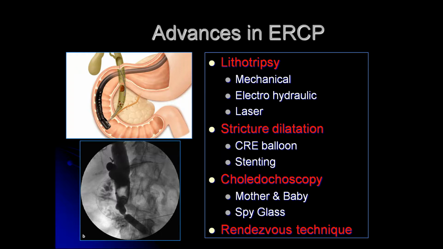And if there is any associated biliary stricture, especially below the stone, one may have to use serial stenting or consider a CRE balloon, controlled radial expansion balloon, available to dilate the stricture. A choledochoscopy, a mother and baby scope or a spyglass scope is also available to enter and have a direct view of the bile duct and pulverize the stone. The Rendezvous technique is another technique used in very difficult or unusual situations.